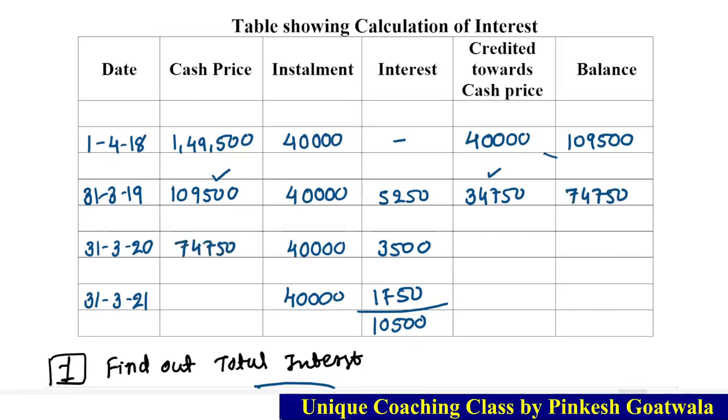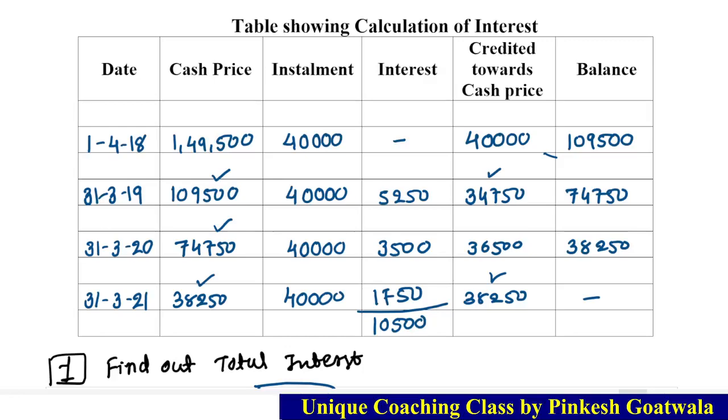Now here 40 minus 3500 is 36500. Subtract from 74750, we get 38250, it will be transferred here. Now 40 minus 1750, so here 38250, and here 38250 minus 38250 will be nil.